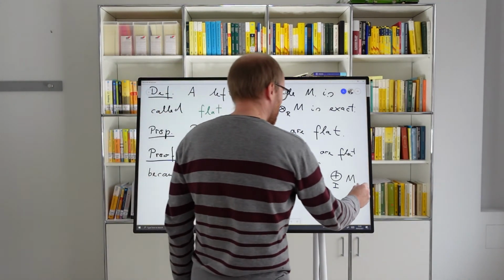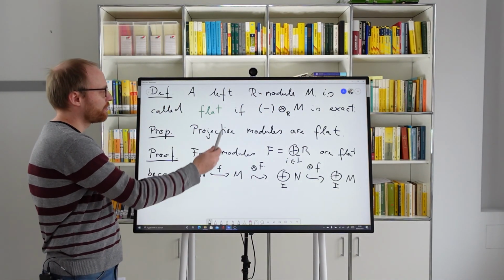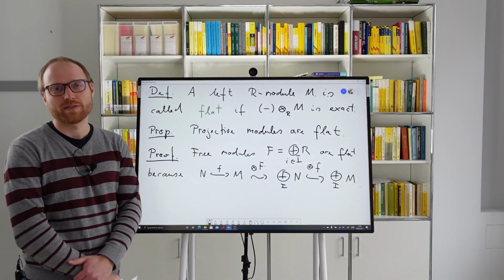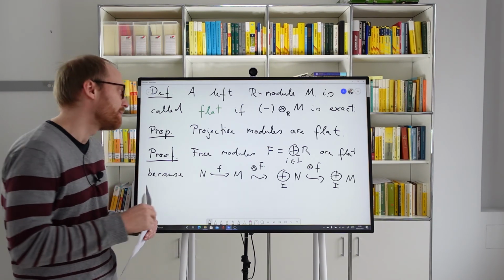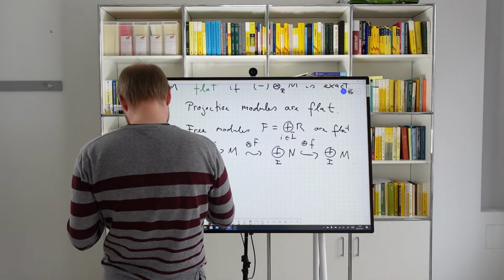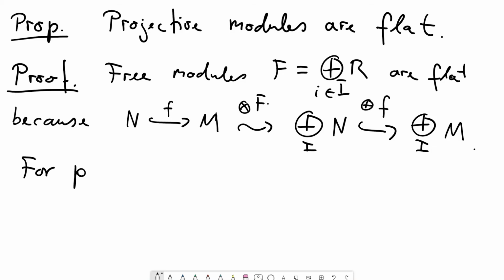So that works. And now, to get the general statement for projective modules, we use the characterization of projective modules as direct summands of free modules. So for a projective P, we just choose a complement, which by this equivalent characterization of projectivity exists.